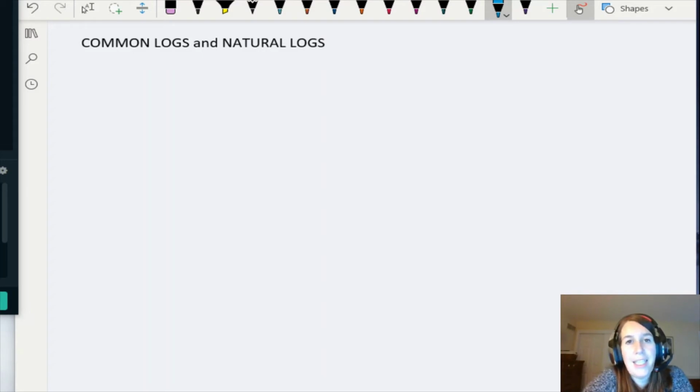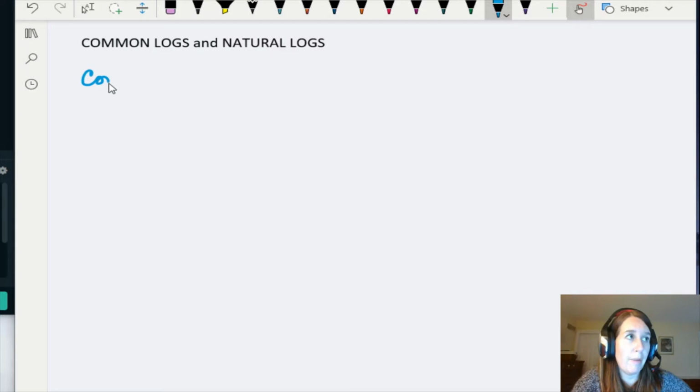Sometimes you're going to see a log that does not have a base listed, and you're going to wonder, what is the base? What does that mean? Okay, so the first type of log with no base listed is called a common log. You're definitely going to see a button on your calculator that says log, and that's this log because there's no base there.